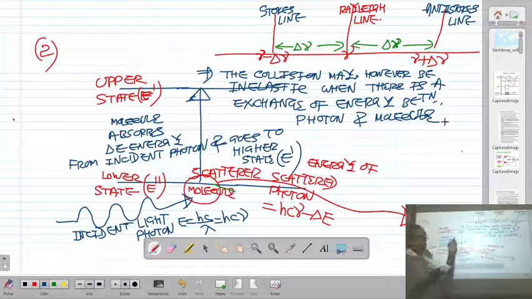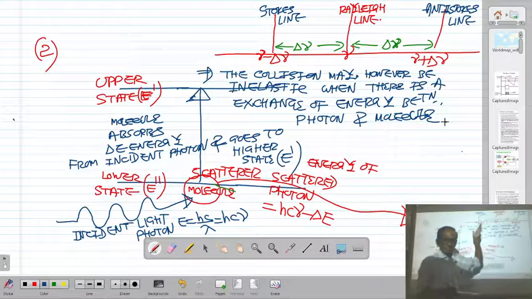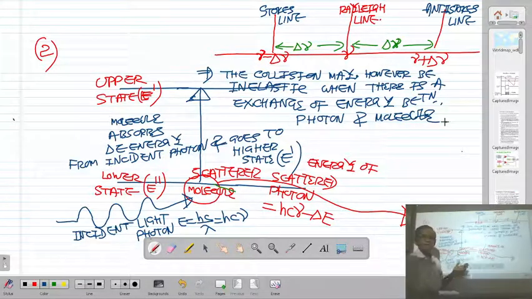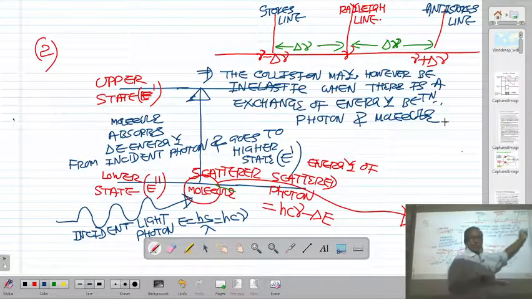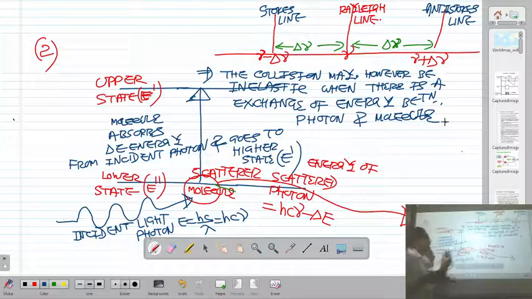See, in the first case, in the case of Rayleigh line, as we have discussed, there is no exchange of energy between incident light photon and molecule. But in inelastic collision, there is an exchange of energy between incident light photon and molecule. Okay. The molecule gains the energy ΔE. And the incident light photon having energy hν collides with the scattering molecule in the lower state.